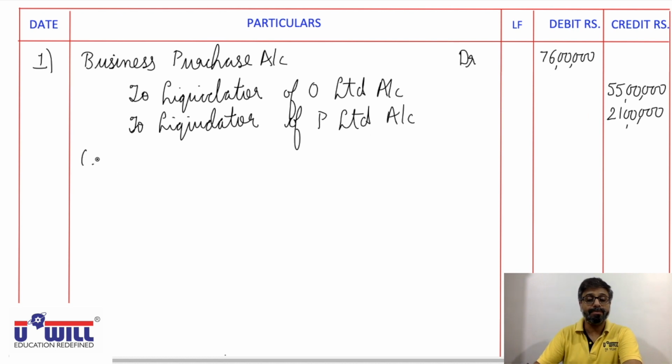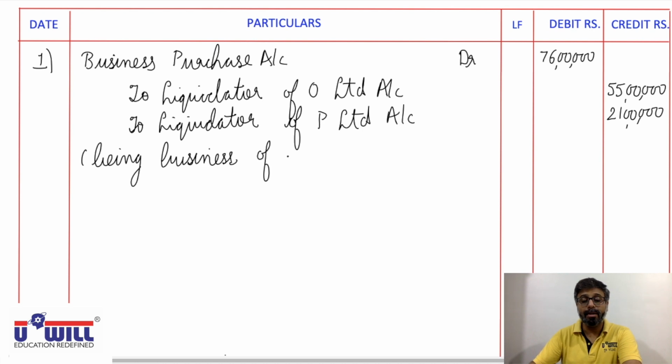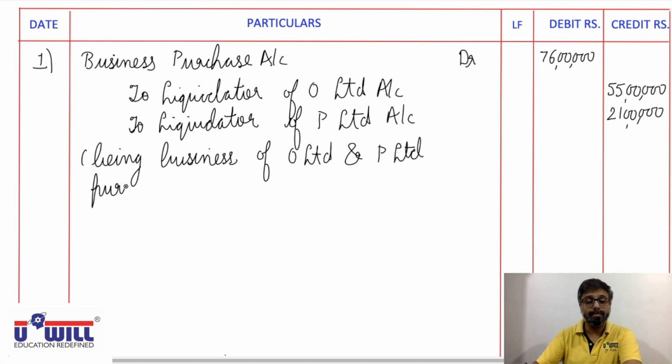Being business of O Limited and P Limited purchased. Okay, so the first entry is done.